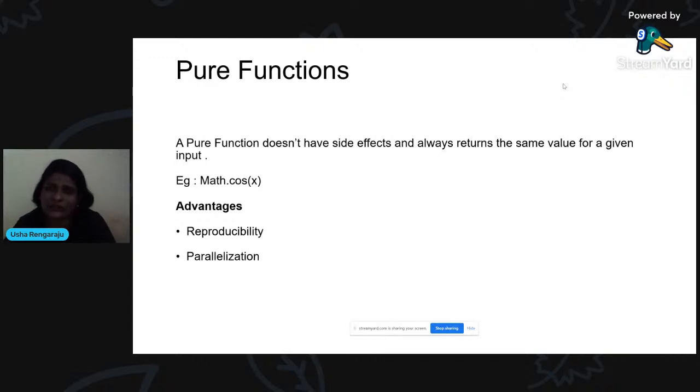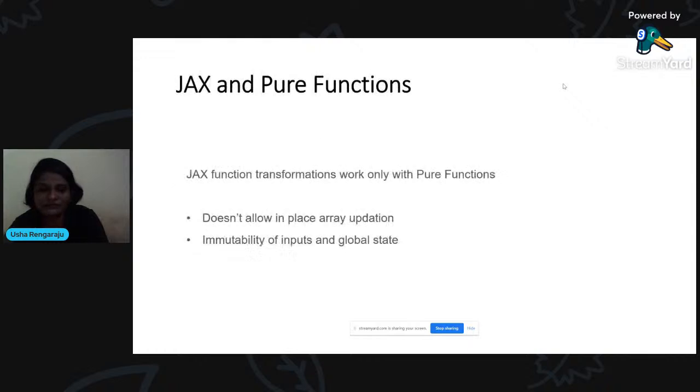JAX does not explicitly put a constraint that you shouldn't have function impurities, but one thing JAX tells you upfront is that if you have impure functions, there is no deterministic way that the function will always perform. It is very indeterministic. Sometimes a function might behave in a certain way, sometimes it might not. So JAX doesn't guarantee a certain behavior whenever you use impure functions. You can use impure functions at your own risk. JAX encourages you to use pure functions as much as possible.